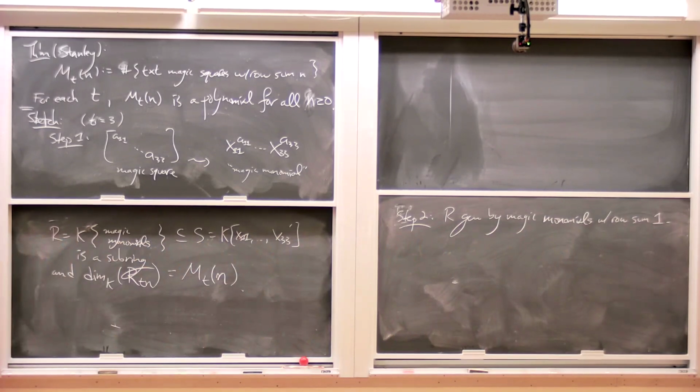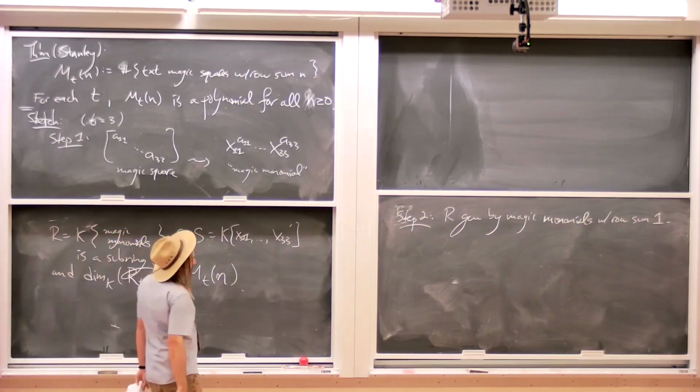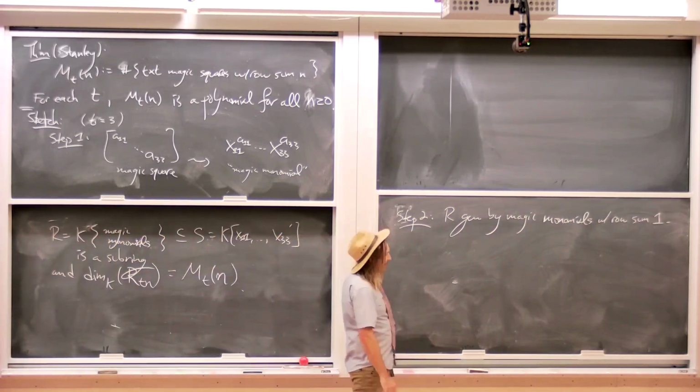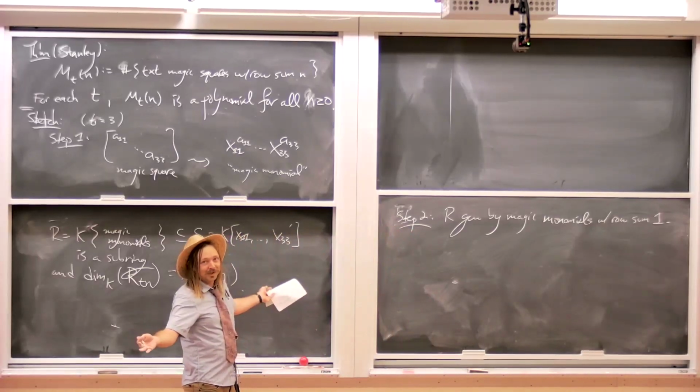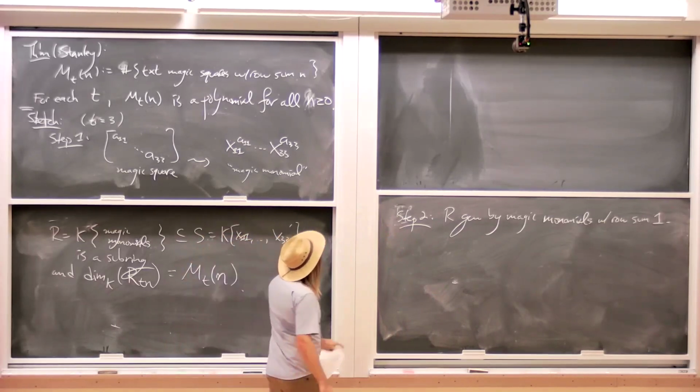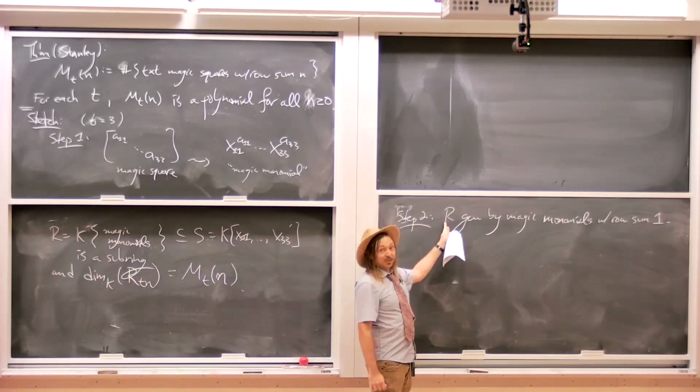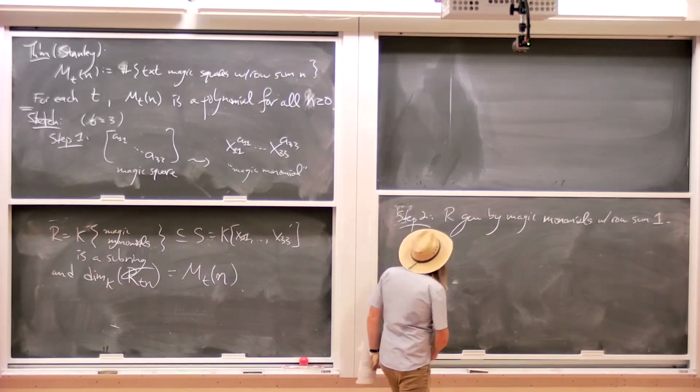This is the one and only step, of the ones I'm going to list, that requires any combinatorics or maybe more convex geometry. So this is a consequence of some theorem about the cone generated by permutation matrices, and ours generated by the magic monomials whose row sum is 1.